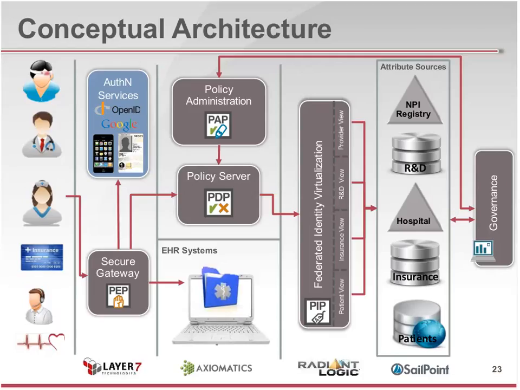So we may have under the hood a patient view and a provider view that's viewable by a doctor's office, but an R&D organization is only presented their own specific type of view. And we've done that without changing the underlying authoritative sources, the underlying correlation rules, and the underlying physical schema.